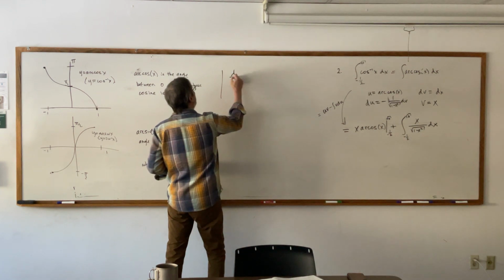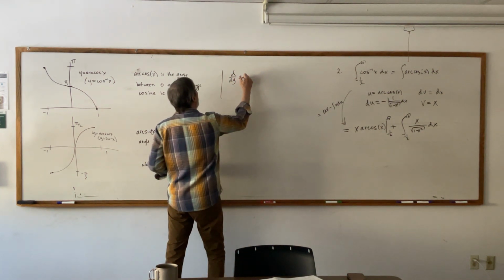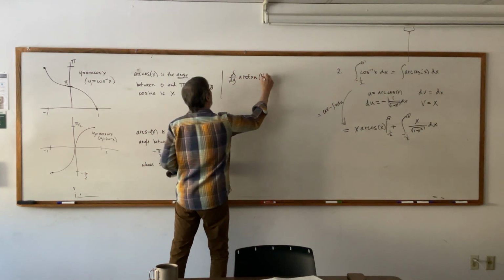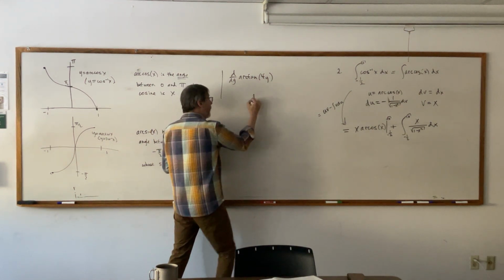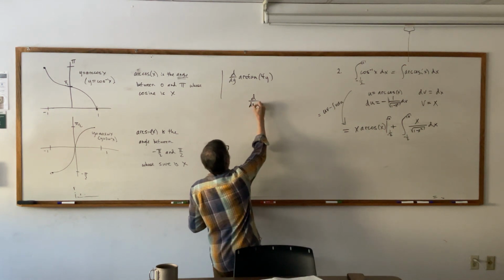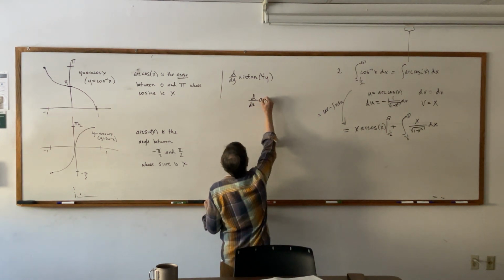So when I find d dy of arctan of 4y, I do the outside first. And this is a chain rule, and the form is kind of this.